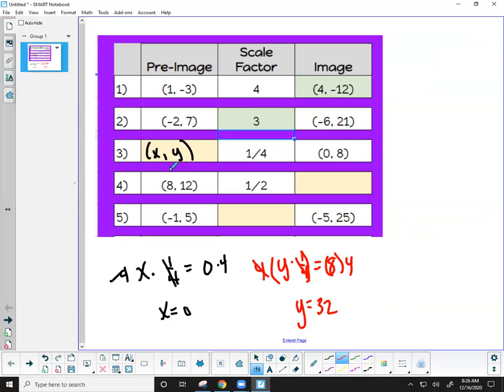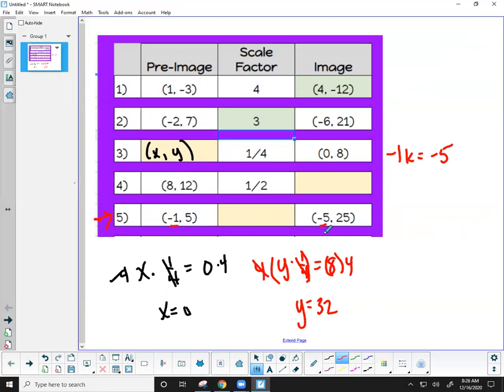Any other questions from the homework last night? Number 5. Right here, this one? Yeah. Okay, so we want to know -1 times what k value, so which factor, is going to equal -5. So I'm just focused on the x's.